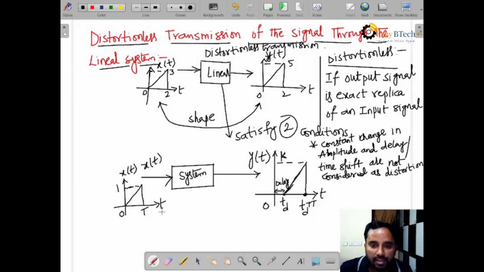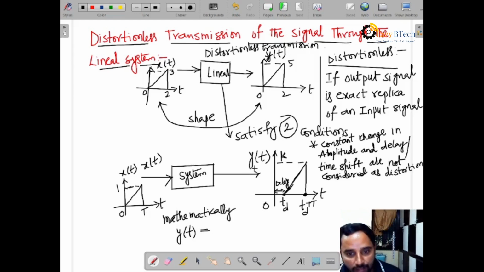Now we can express the output signal mathematically. The output y of t, we can write the relation between output and input mathematically. They look the same, they are similar, or replicas.